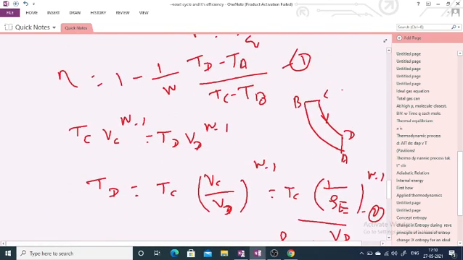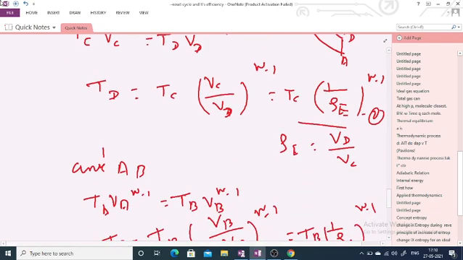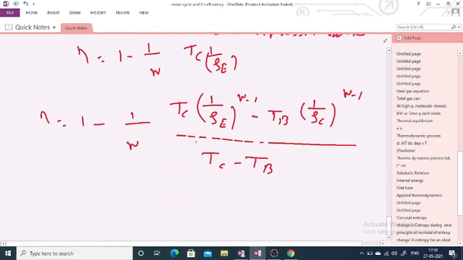Now there is one more step we consider here, which is not considered in the Otto engine. This is the isobaric curve. During the isobaric process, pressure remains constant along the BC curve, so we take the ratio Tc upon Tb is equal to Vc upon Vb, since pressure is constant.